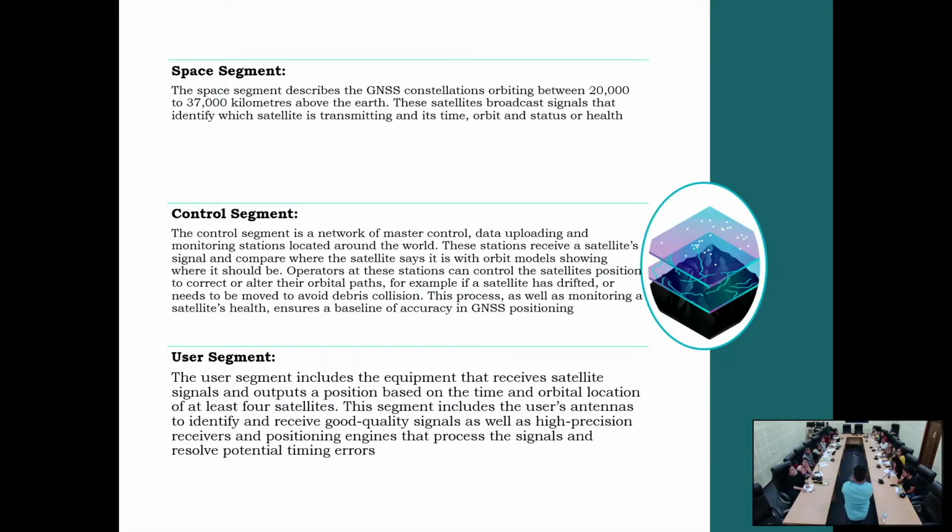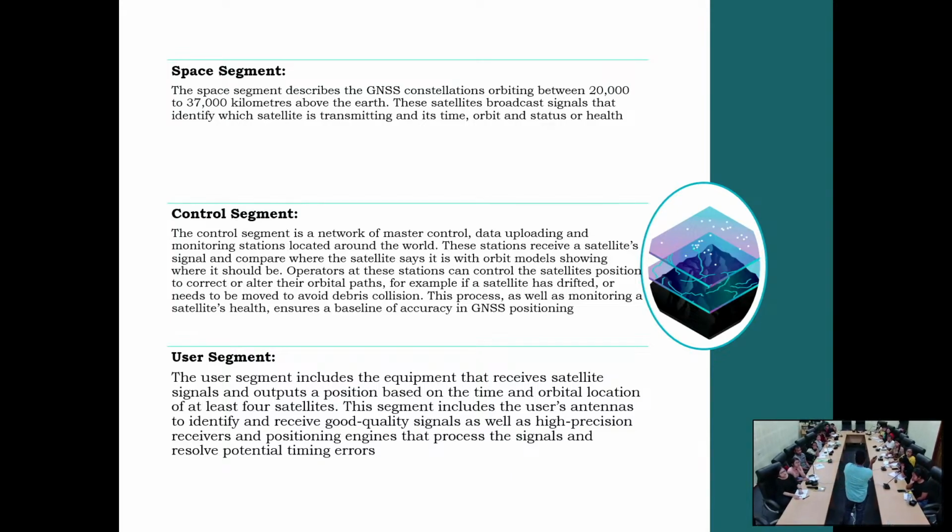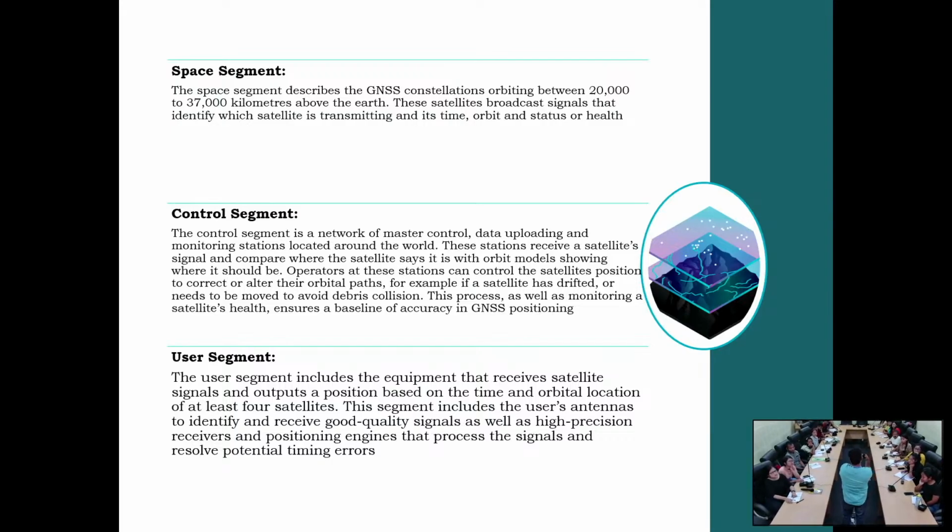Basically, the control facility is controlling each and everything of the satellite constellation and the user as well. What kind of data it will give to the user depends upon the control station only. And control stations consist of three segments.